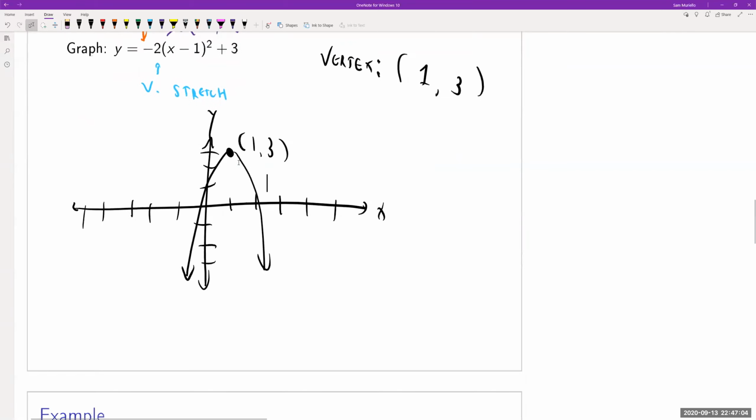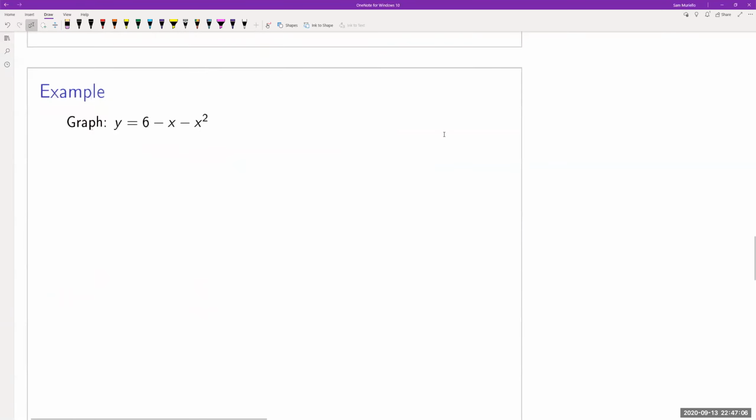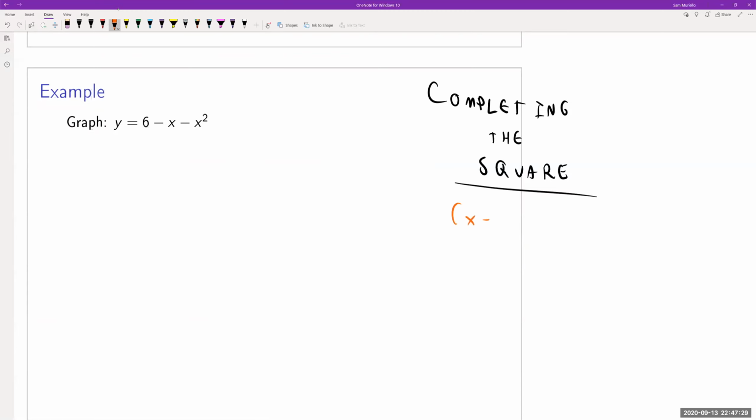Now, if I'm given a parabola that's not in this form, what I would like to do is complete the square. Let's real quick do a review of completing the square. The idea of completing the square stems to the idea that if I begin with x plus a squared, then foiling this out will give me x squared plus 2ax plus a squared.